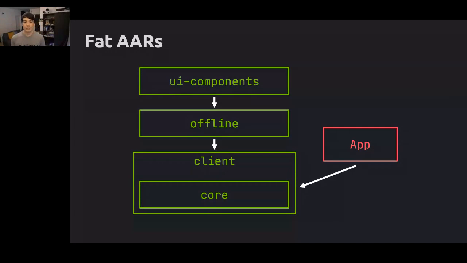This is something that's called a fat AAR, which means that it's an Android archive, which is fat because it doesn't have external dependencies. Instead, it pulls in those dependencies, especially if they're in the same project, and just builds all of it together into a single archive. And no additional things have to be pulled anymore from other sources.